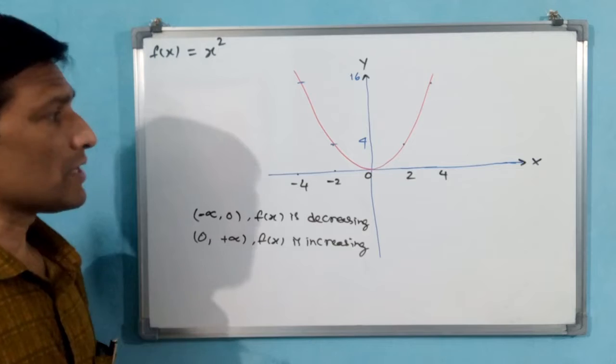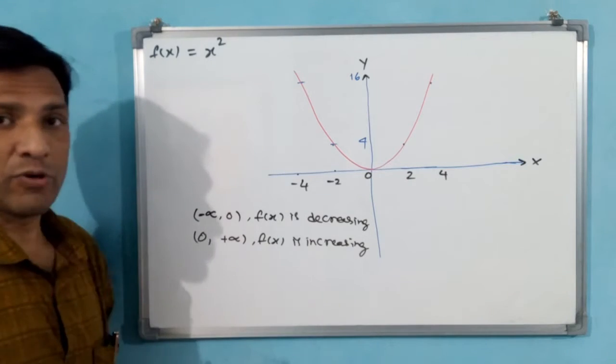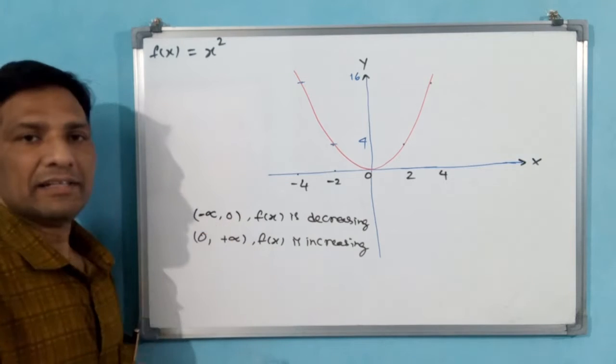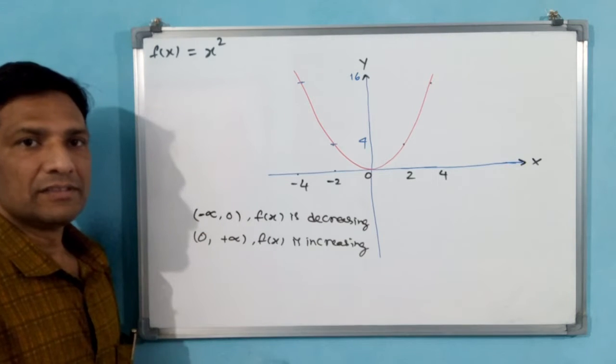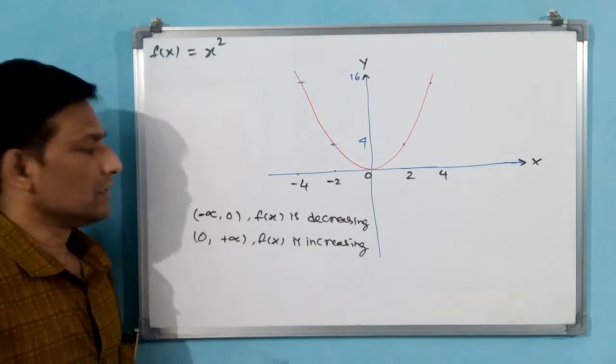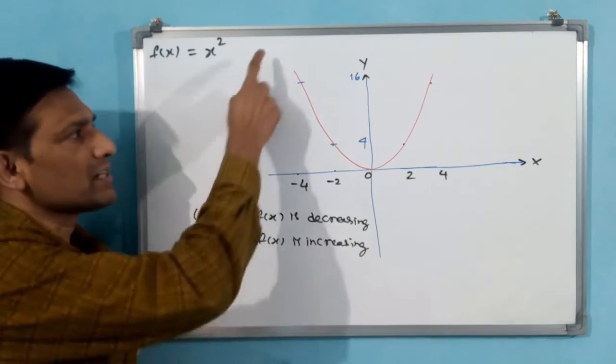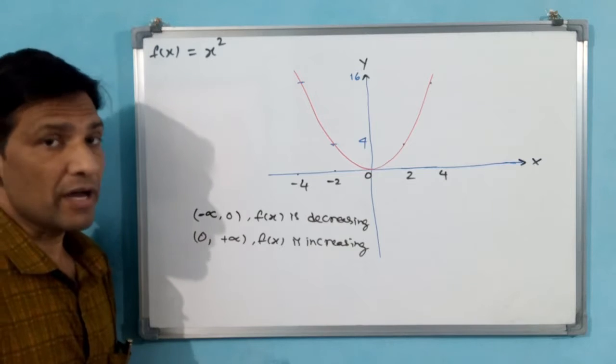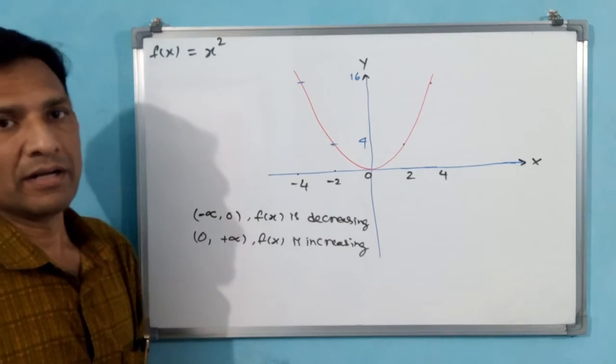Like this you have to understand. See, it is one function only, the same function, but the intervals have changed here. This is an interval, and this is an interval. At a certain interval the function is decreasing; at a certain interval the function may be increasing or decreasing. Like that you have to understand.